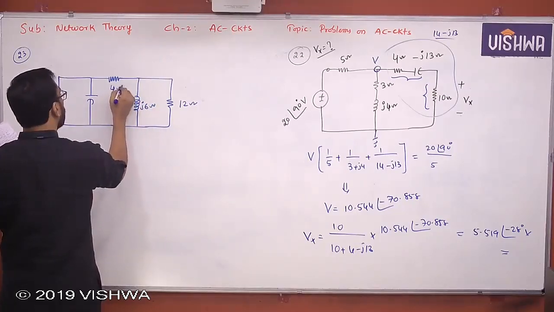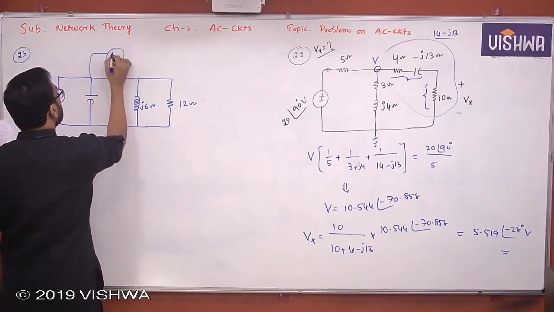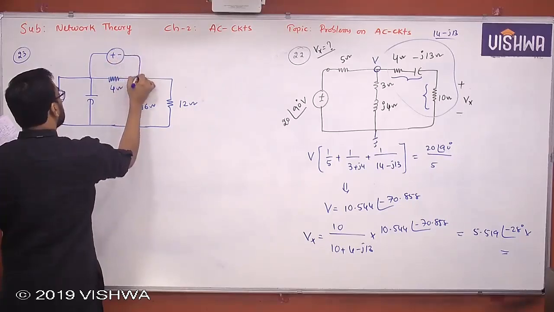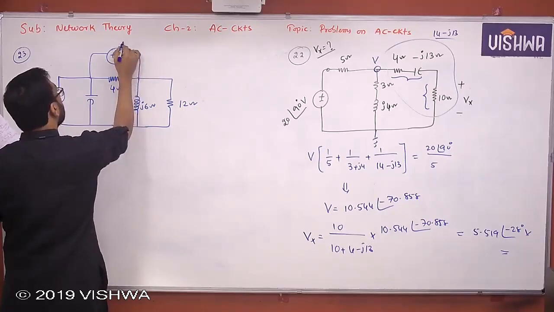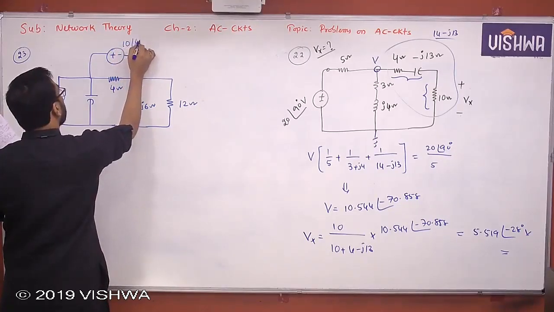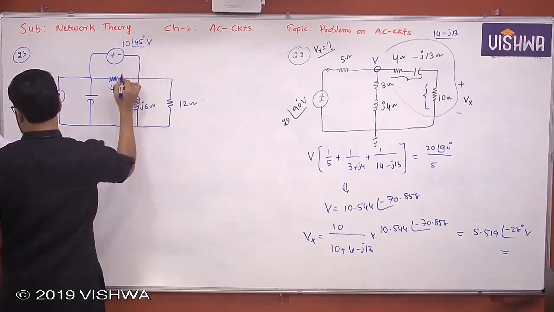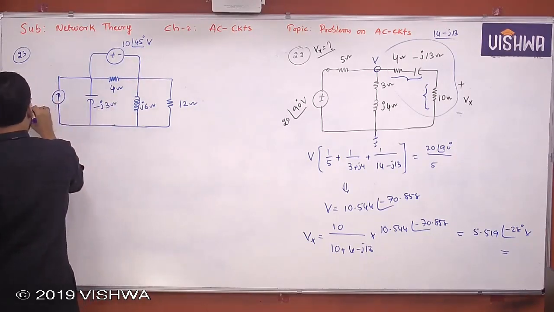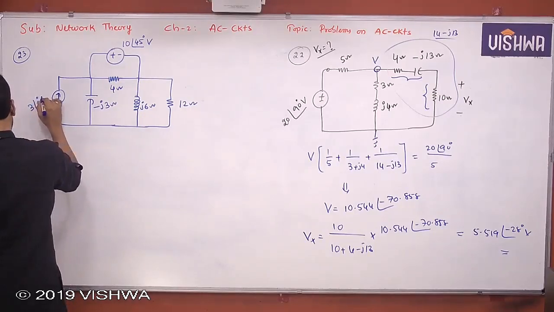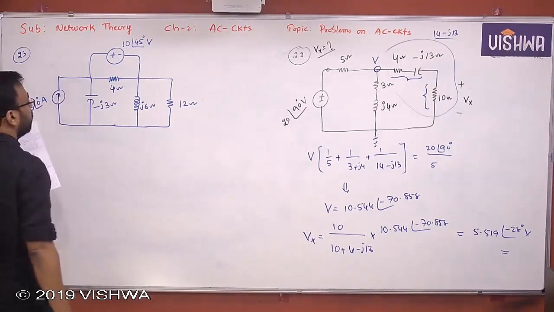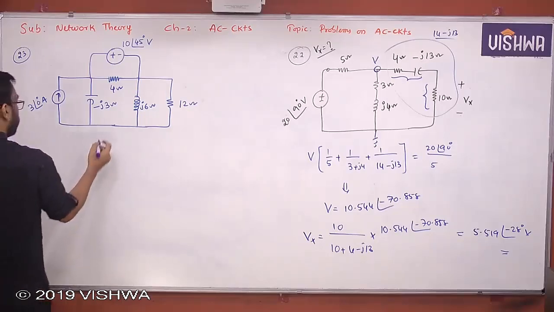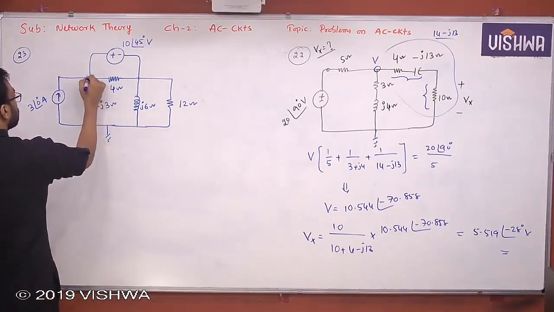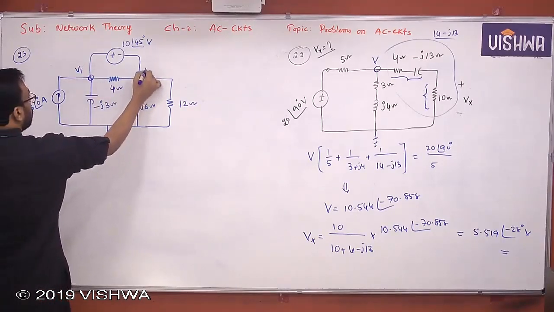This is 4 ohm. This is a source of 10 at an angle of 45 degrees volts, minus j3 ohm, and 3 at an angle of 0 ampere. The question is, what are V1 and V2?